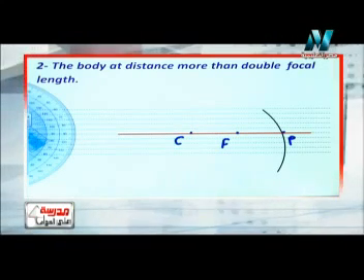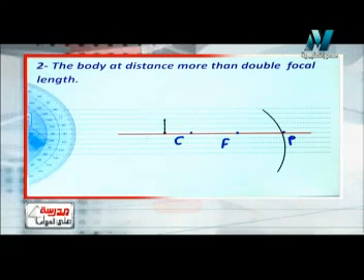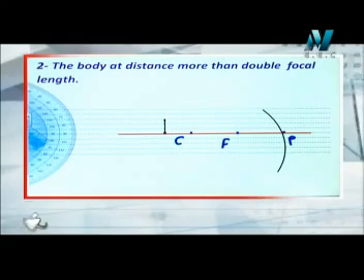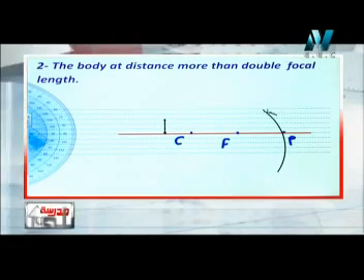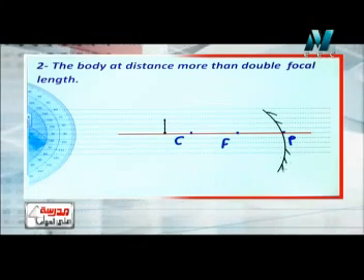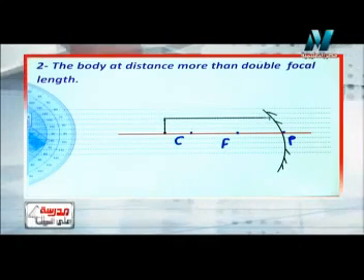More than double focal length. We draw it upward like that. We should use the lines of your answer paper to keep the parallelism. Then the first light ray is parallel to the principal axis.